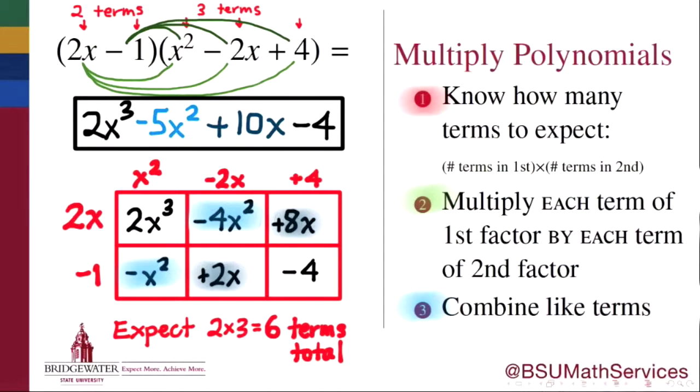Here, we had a polynomial of 2 terms multiplying a polynomial of 3 terms, so we expected right off the bat that we would do 6 multiplications. Keeping track of those multiplications in a little grid helped us to make sure we didn't miss any. And after multiplying all 6 of our products, we could then add all 6 of those terms together and combine those of them that were like terms with one another to get our simplified answer.